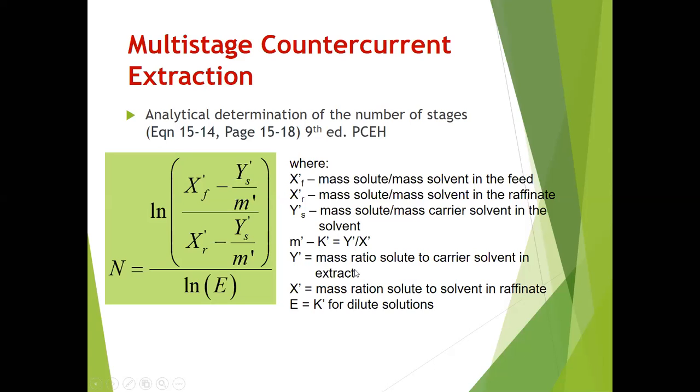Your Y prime is the mass ratio of solute to carrier solvent in the extract. And your X prime is the mass ratio of solute to solvent in the raffinate. So take note, this K is a mass ratio now. It's not mass fraction, but rather mass ratio, which is why they're written in capital letters.